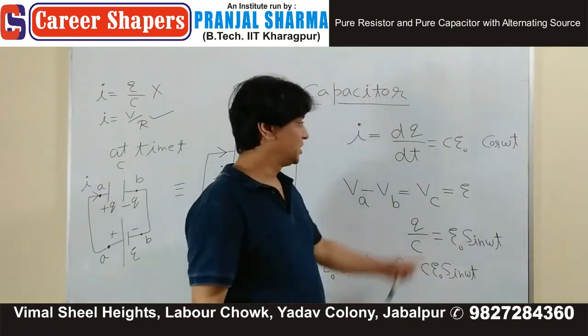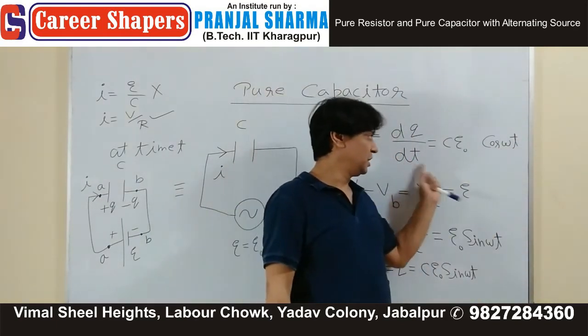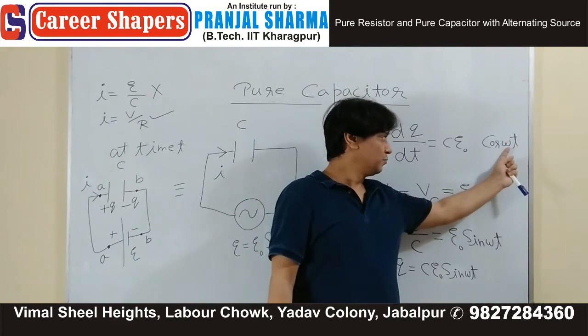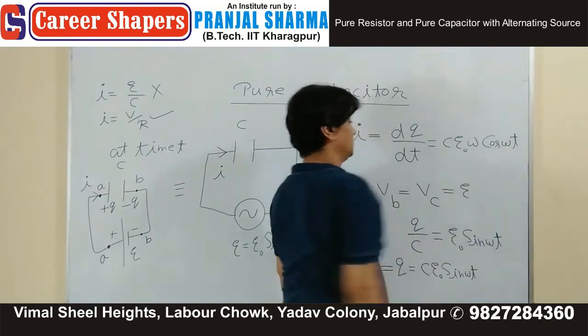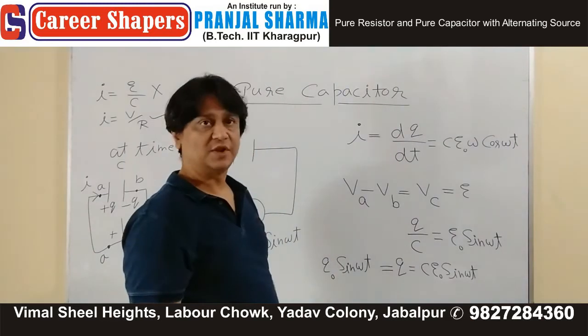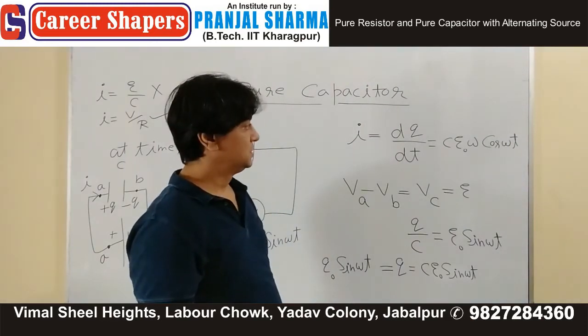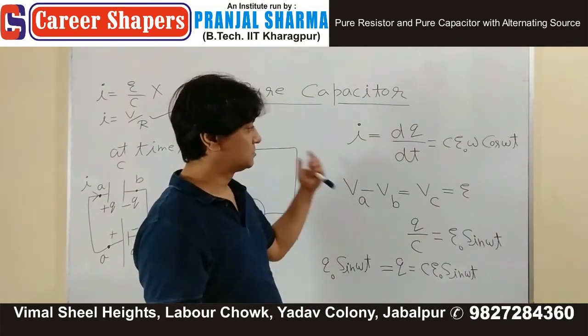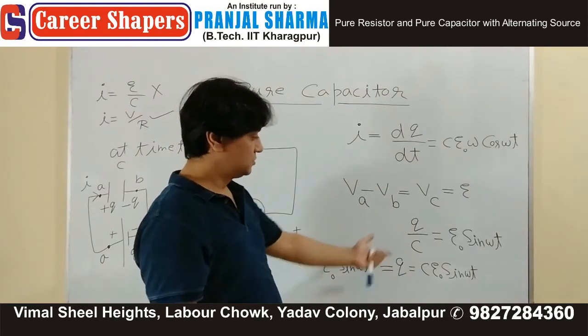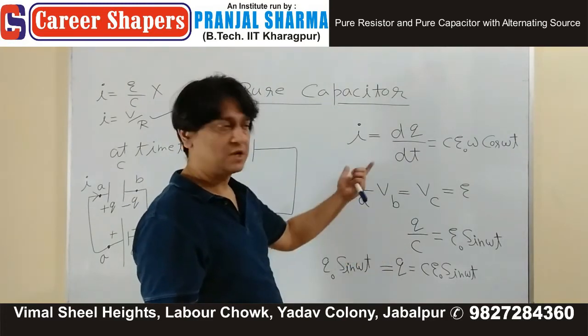Since differentiation is with respect to t, bring this omega out. This is a differentiation. C E naught omega cos omega t. Everybody is correct. Some of you just took a negative sign. So remember, differentiation of sine is what? Plus cos.